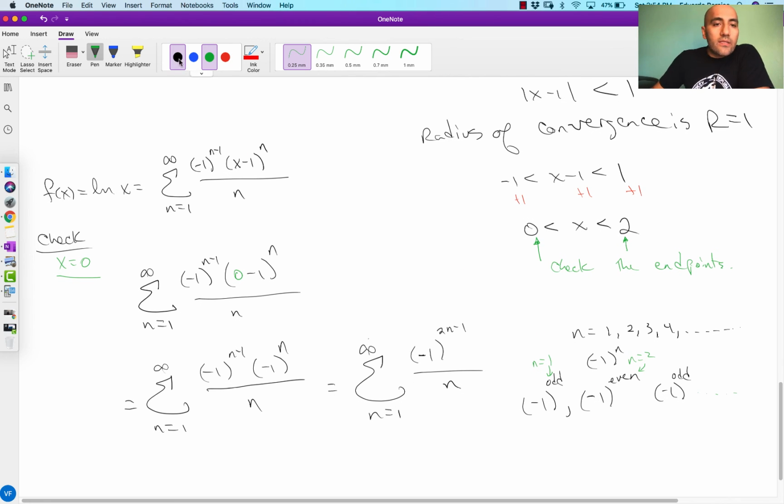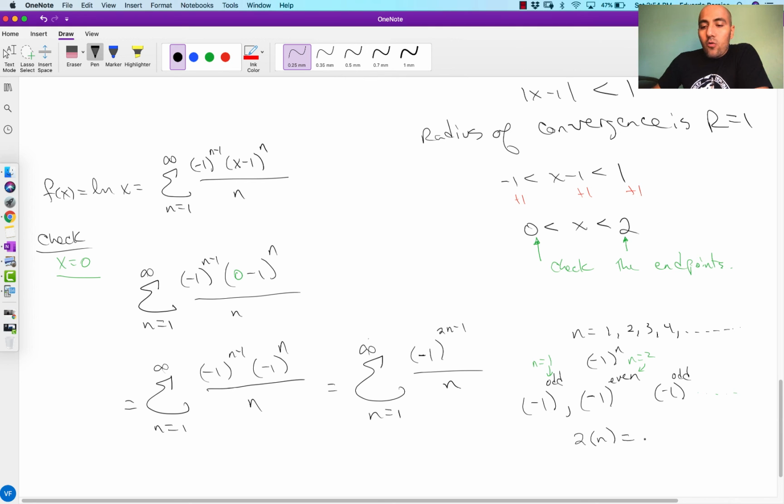Okay, so what does 2n represent? 2 times n is a multiple of 2, right? When n is 1, that'll be a 2. When n is 2, that's a 4. When n is 3, that's a 6.